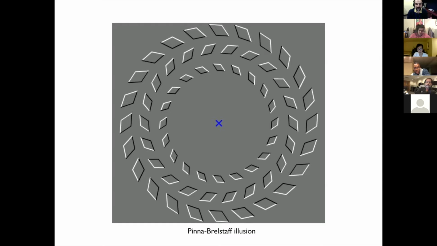Do you remember this illusion I showed you a few sessions ago? Did anybody try to explain this? So if you fixate at the center and move your head back and forth, you see the rings rotating. Does everybody see that? Yeah. So why rotation? Why are they rotating?